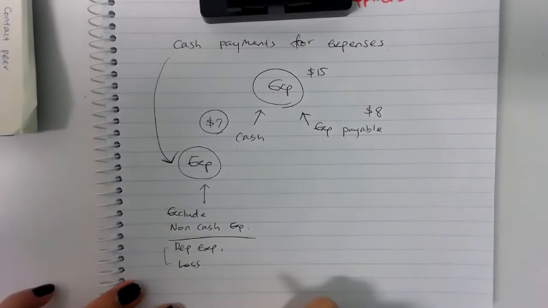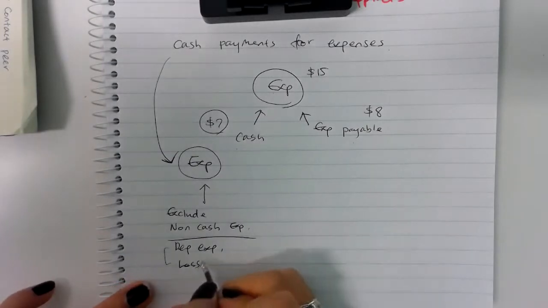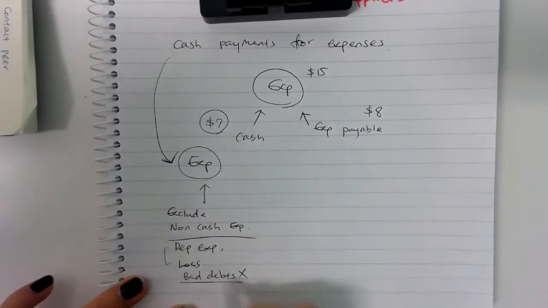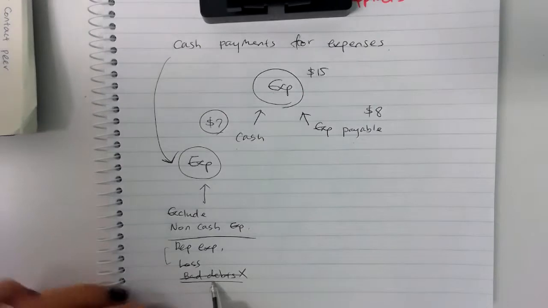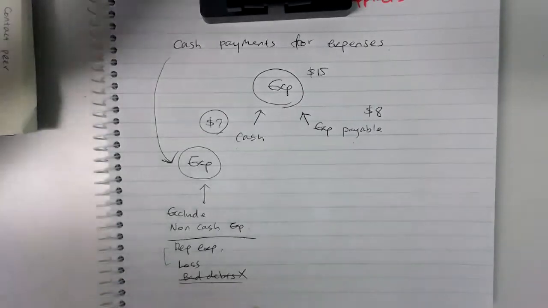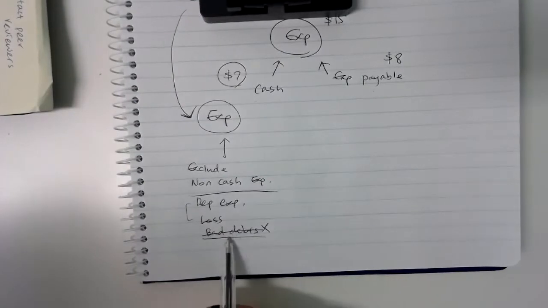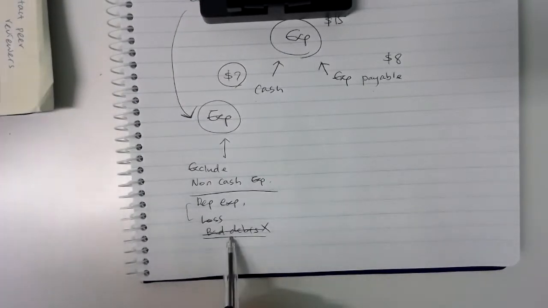Those two, I think these are the common things that you'll come across. If you have bad debts expense, now this will not be included there, no, because this would have been adjusted from cash receipts. Remember, bad debts or doubtful debts reduce cash receipts, so that was adjusted in cash receipts part.